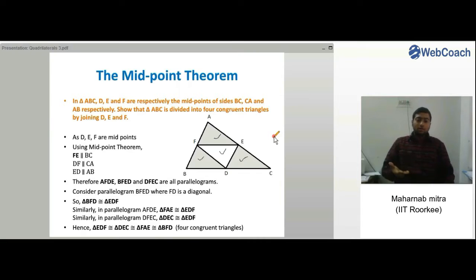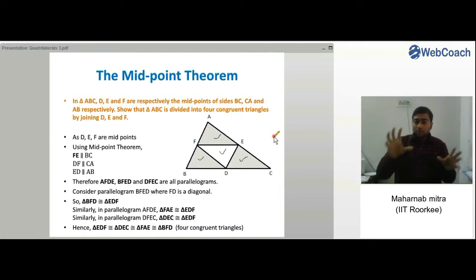We have first used the midpoint theorem to find out which are the parallel sides, and using the parallel sides we have found the respective parallelograms. And after we have found the parallelograms, we have considered their diagonals so that the two triangles divided by the diagonal are congruent to each other, right?